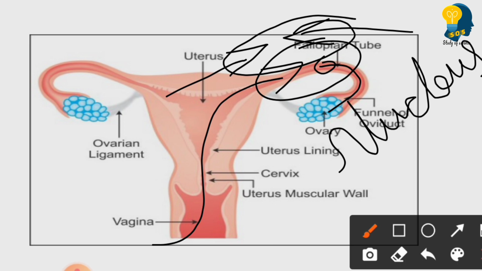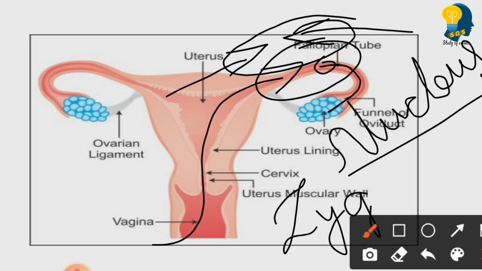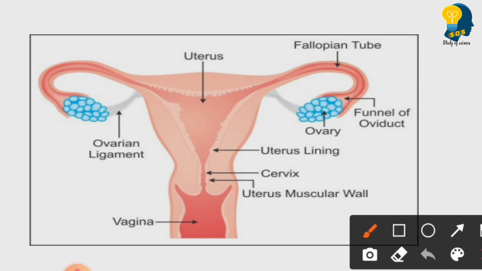So now what is formed? A single nucleus. That means a single celled organism is formed. What do we call the single celled organism? We call the single celled organism a zygote. The single celled organism which is formed as a result of the fusion of male and female gamete, that is, the fusion of the sperm along with the egg.